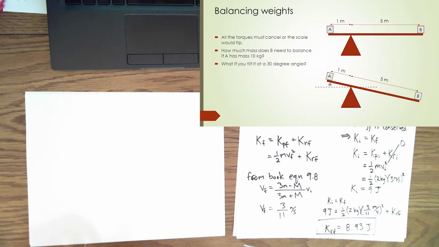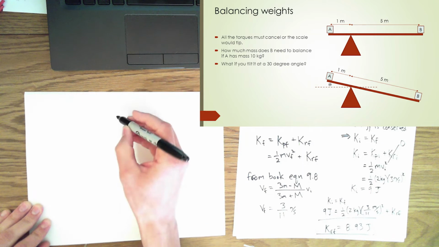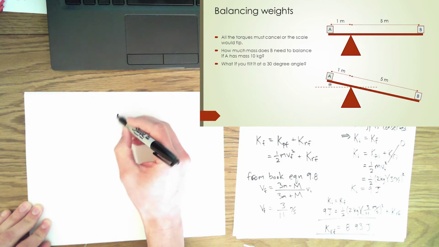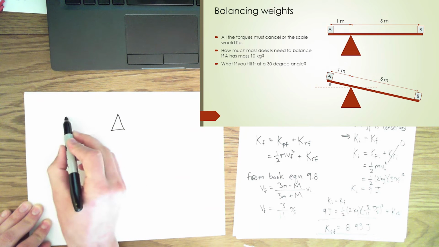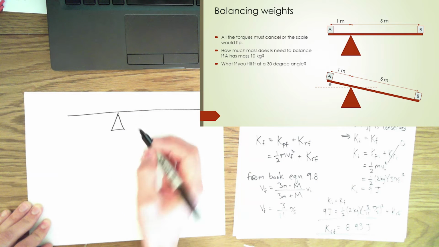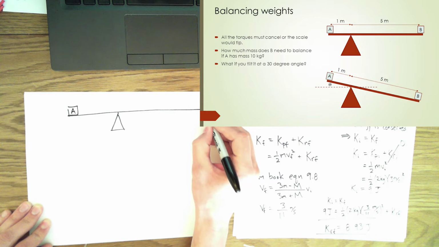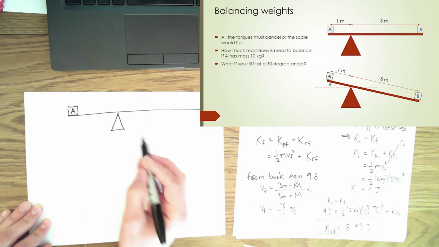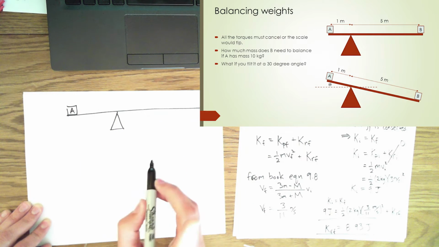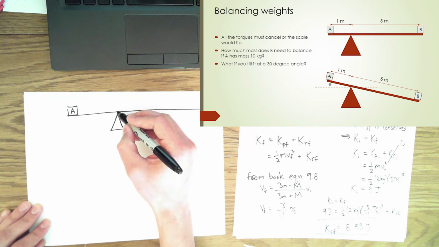Okay, so let's go ahead and do this problem. So here's our balance. Here's block A, block B. And it's always important in these problems about torques and angular momentums to define your origin.